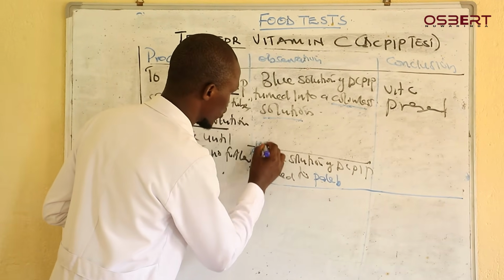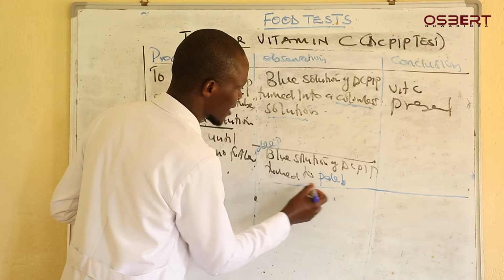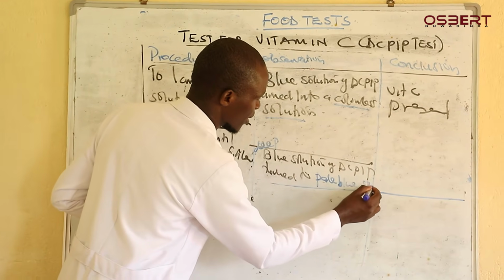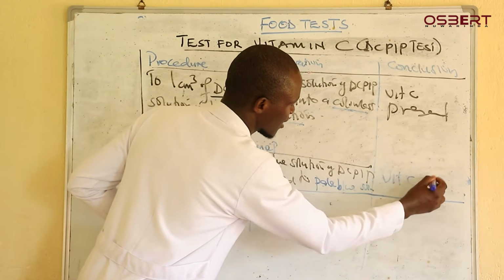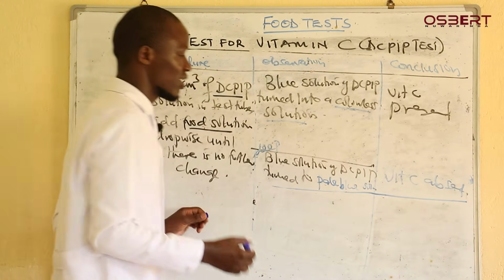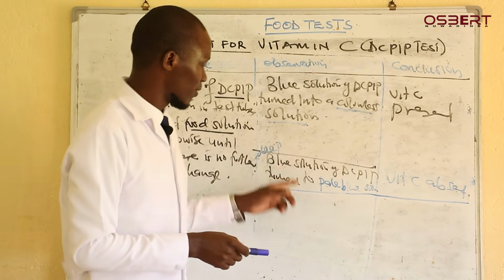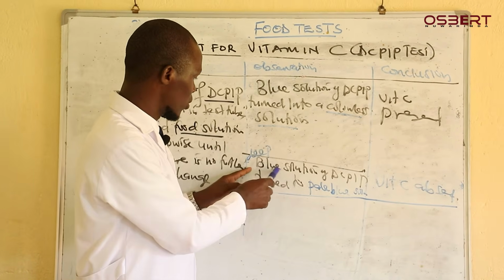Actually, here it is deep blue, so you say a deep blue solution of DCPIP turns into a pale blue solution. Here, vitamin C is absent. So when vitamin C is absent, the DCPIP turns from deep blue into pale blue.